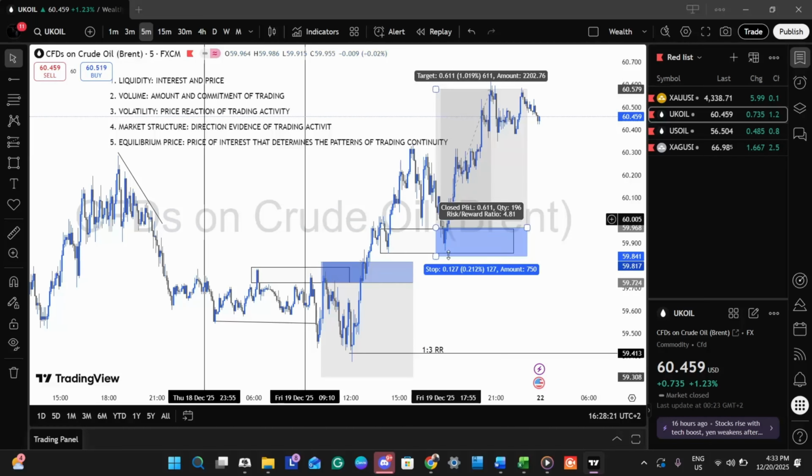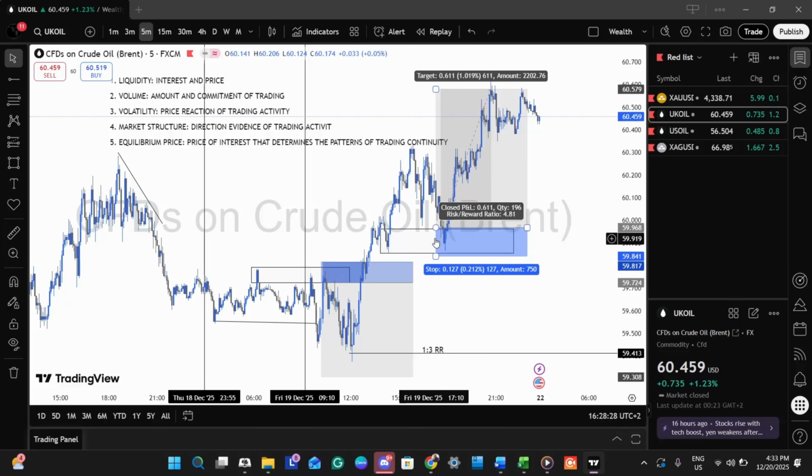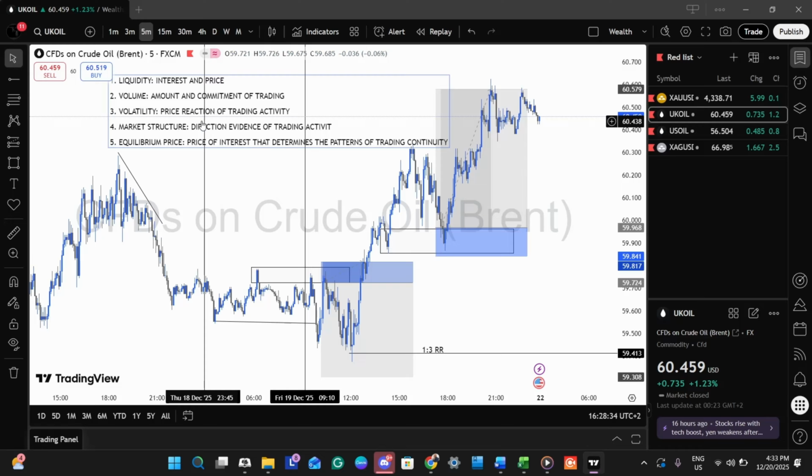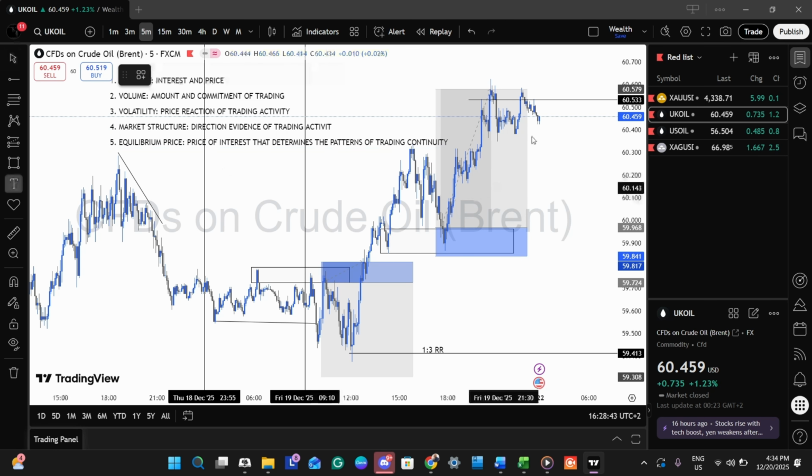And then from New York session, we do have a bit of a bigger position. So this was about a 15 point move, and then we have about a 50 point move. It's also about a 1 to 3 point move when the markets reached there.